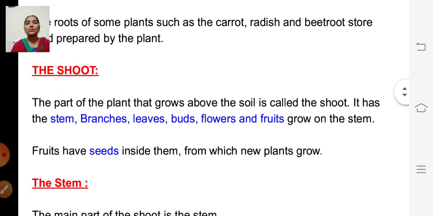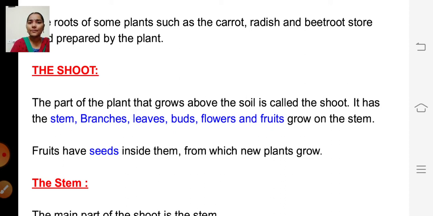So the next part is shoot. Shoot contains many parts of a plant, isn't it? What are they? Stem, leaves, flowers, fruits, buds, seeds. So shoots have these parts.